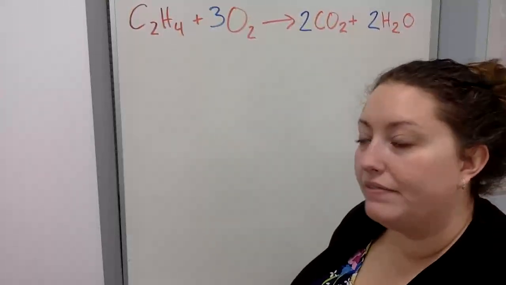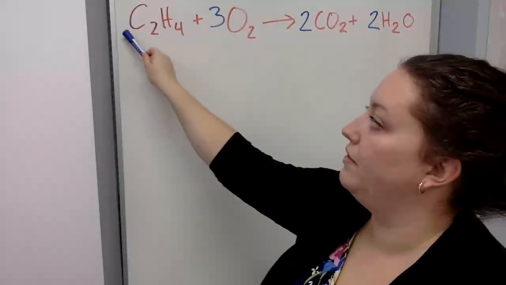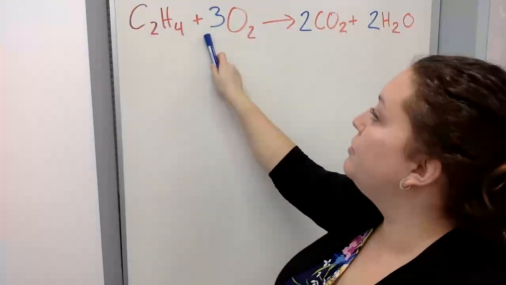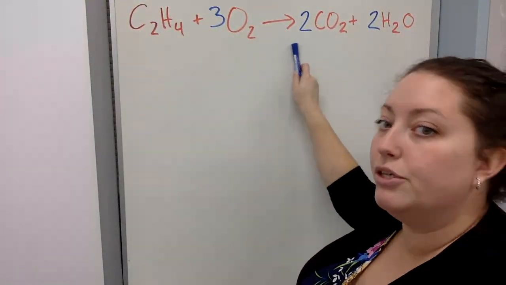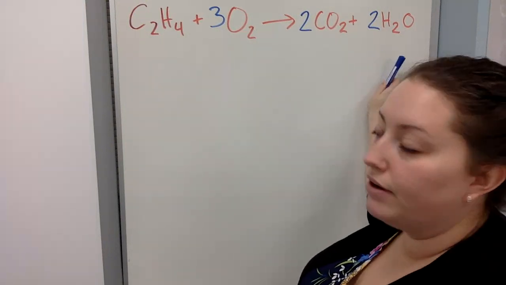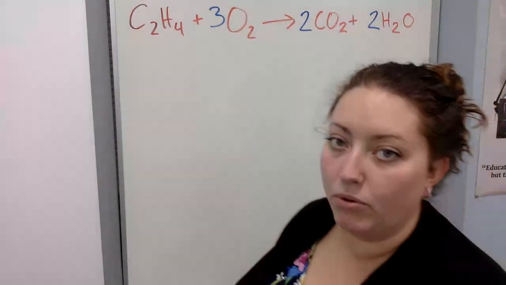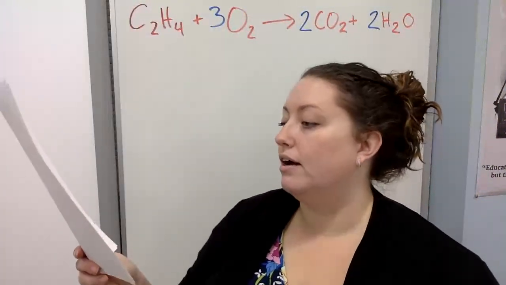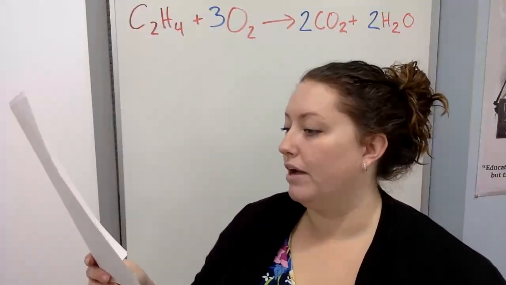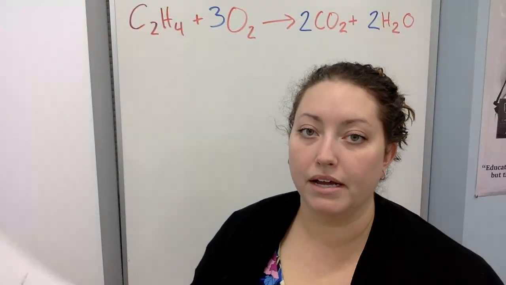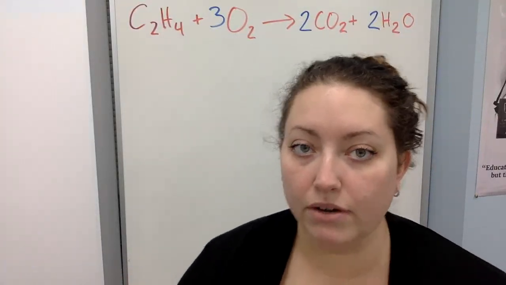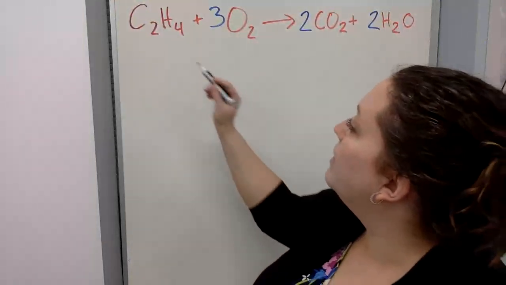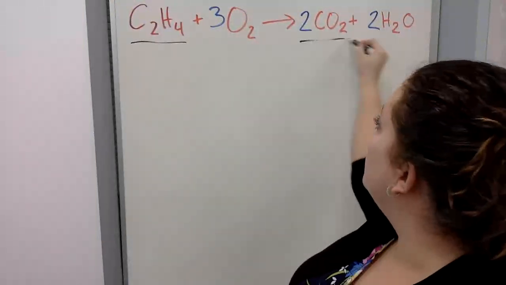So now what we have is all these coefficients in front. You know that this is like a 1, you don't have to write the 1 in. There's 3 moles of oxygen, 2 moles of carbon dioxide and 2 moles of water. Now we can use that to find our mole ratio. In this question, it's having you compare ethylene with carbon dioxide, so as far as the mole ratio goes, you only need to look at ethylene and carbon dioxide, that's this one and this one.